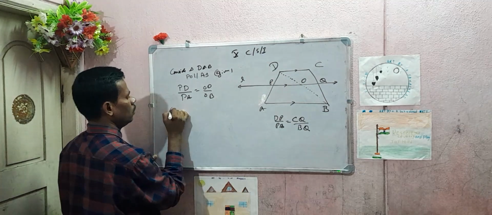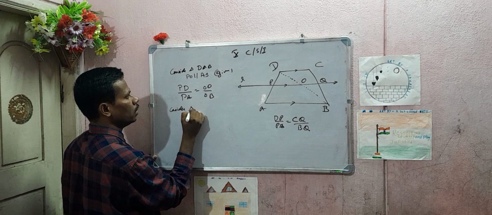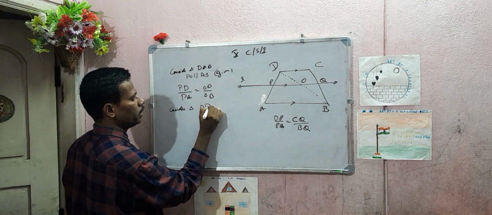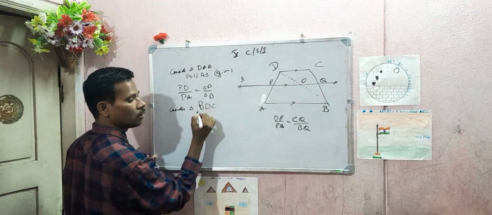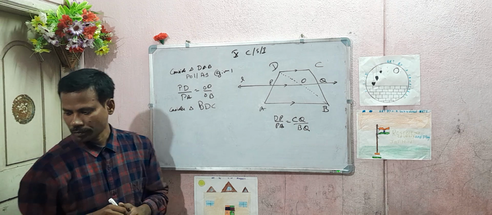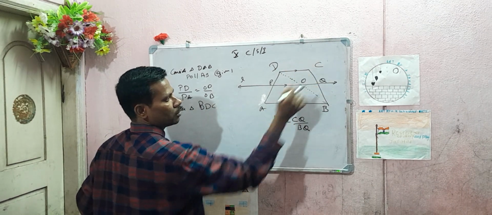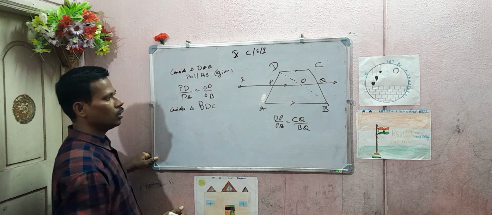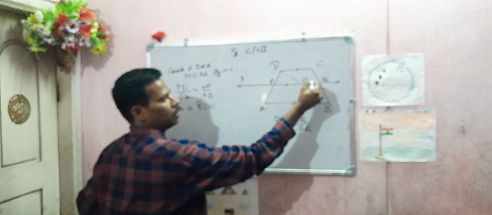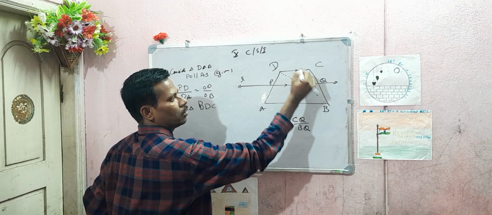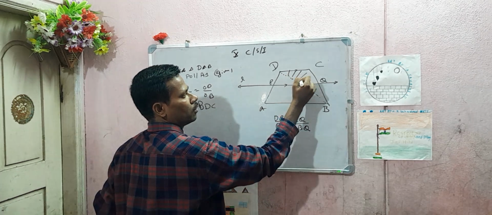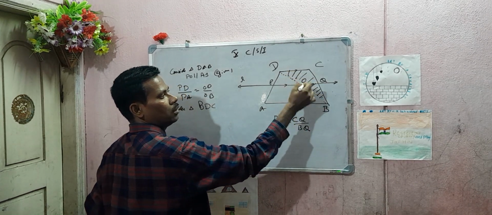Next, consider triangle BDC. Now this triangle you consider. What you have to do? This line is parallel to this one. This is what I am saying. This triangle.